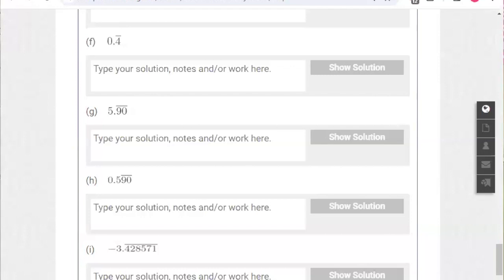All right, let's set it up. So 990x equals 585.